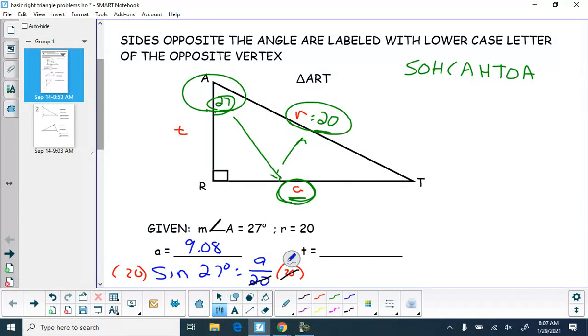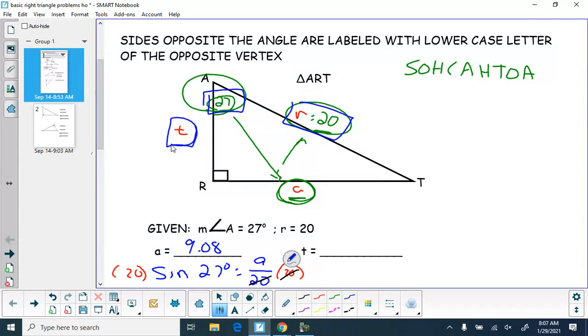We want to solve for t. We still know this angle, and we know this side. So once again, you need to ask yourself, which trig ratio relates that angle to the side I know and the side I want to find? What relates the angle 27 degrees to t and r? Just like we did with the sine of 27, whatever the trig ratio is of 27 is equal to whatever.